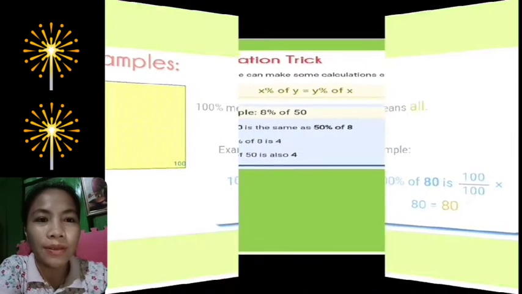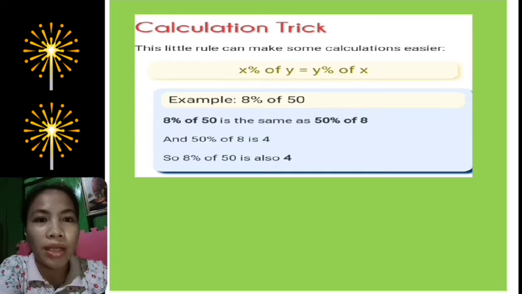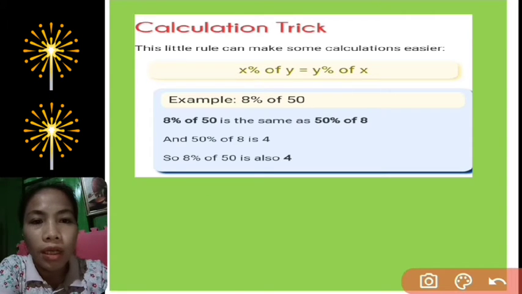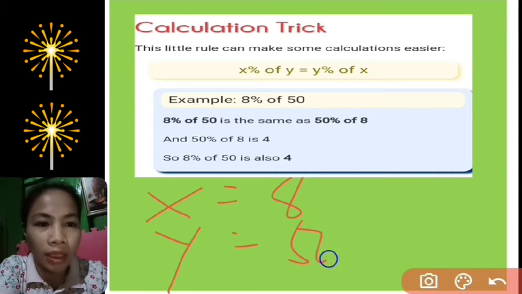Next, a calculation trick. This little rule can make some calculations easier: x% of y is equal to y% of x. So, 8% of 50 is how much? Here x is equal to 8 and y is equal to 50.